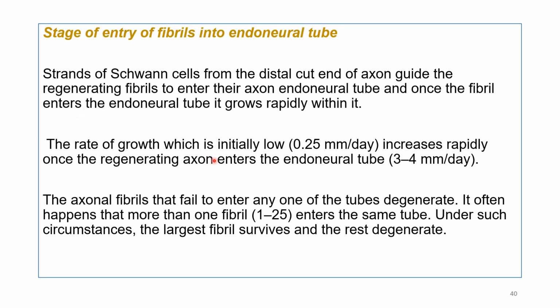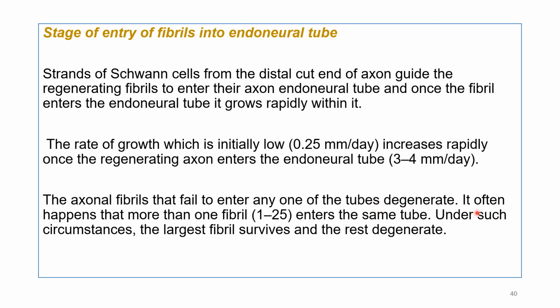The rate of growth is initially low, that is 0.25 mm per day. Then it increases rapidly once the regenerating axon enters the endoneurial tube. That is, it will grow up to 3 to 4 mm per day. The axonal fibers that fail to enter any of the tubes will degenerate.